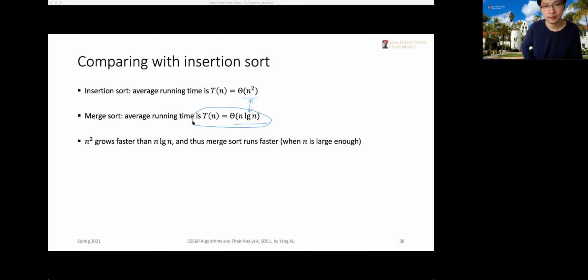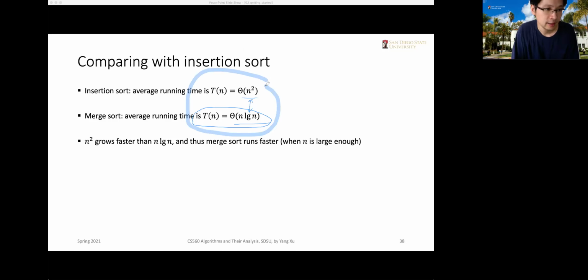With the help of the logarithm term, the running time for merge sort will not increase ridiculously fast as compared to insertion sort. This comparison of running time is the basis of why we claim that merge sort is a superior algorithm compared to insertion sort.